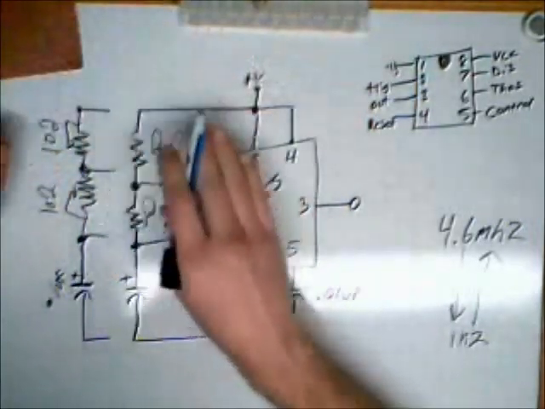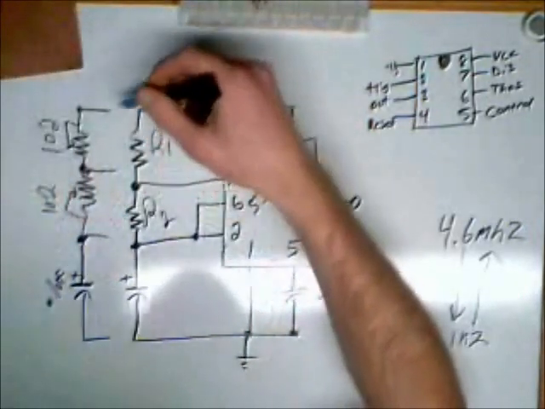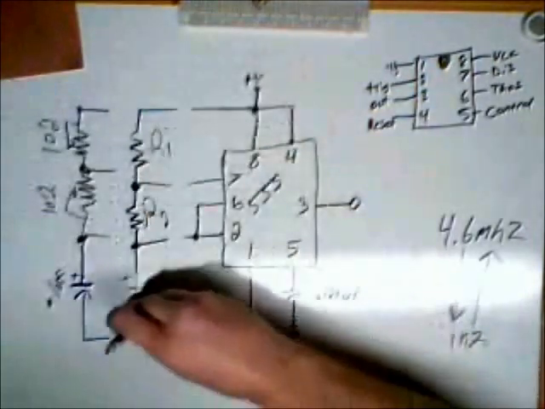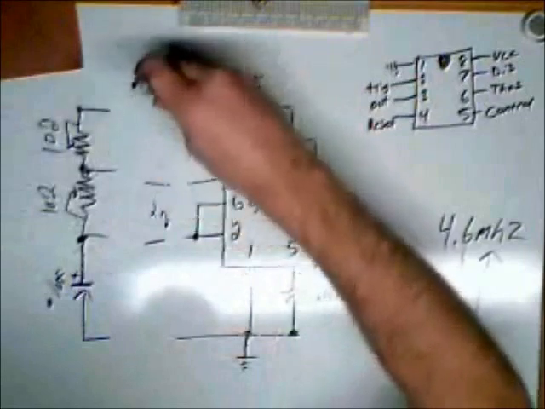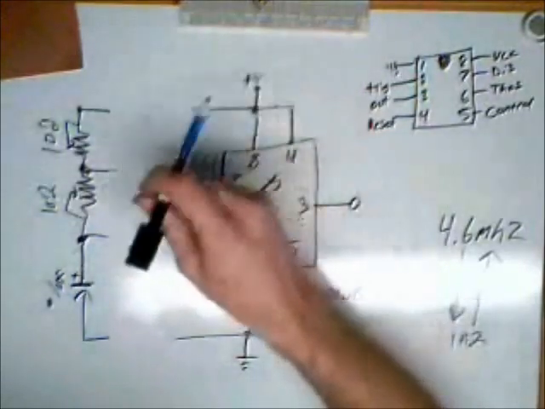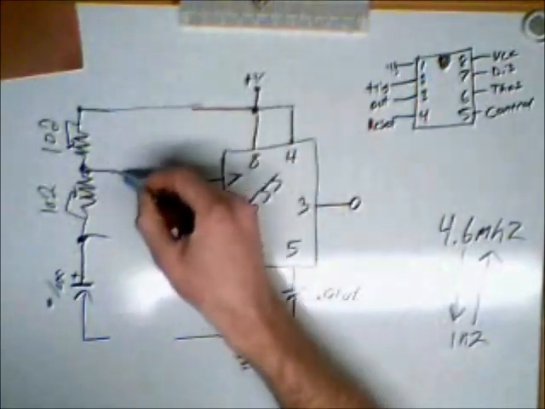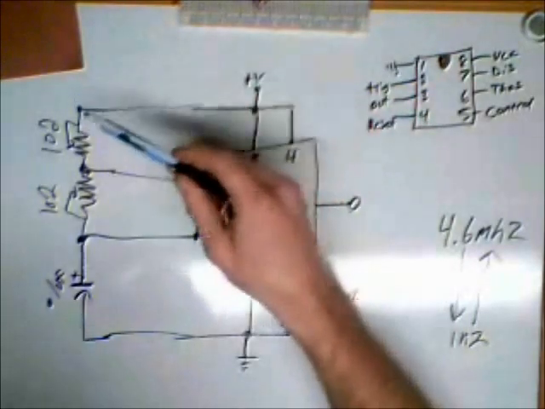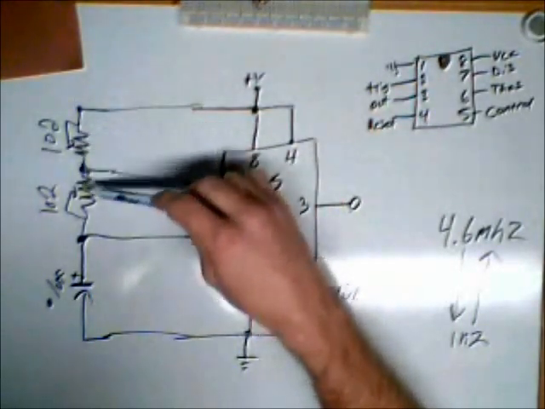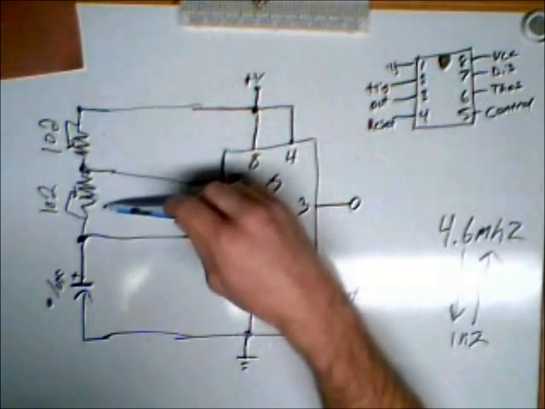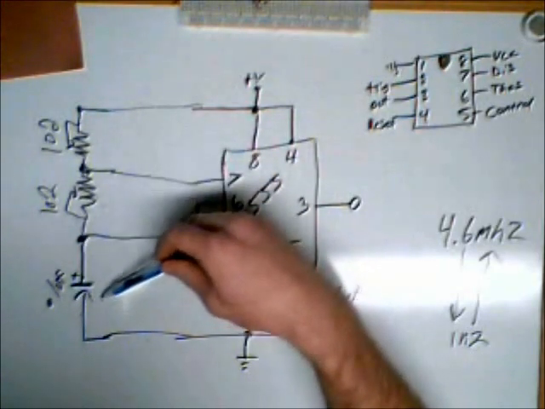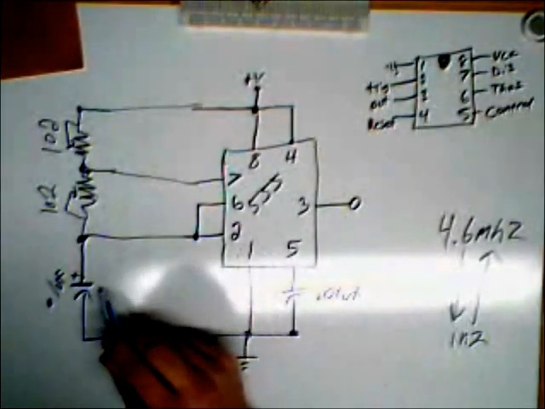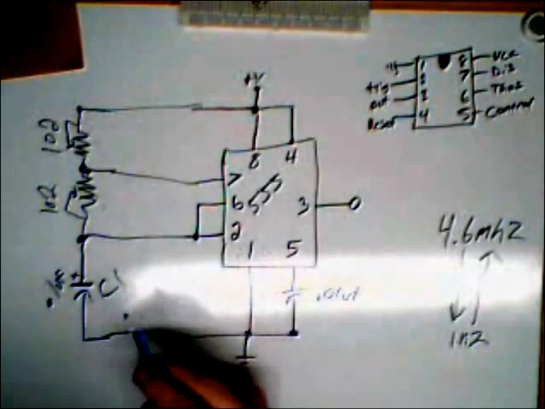What we're going to do is take our schematic, and then we're going to take this out right here and put this in. So then we have our variable resistors for R1 and R2, and our 0.1 UF polarized electrolytic capacitor for C1.